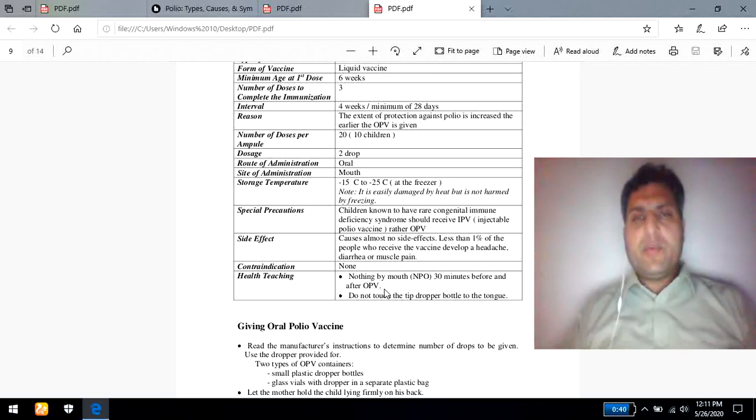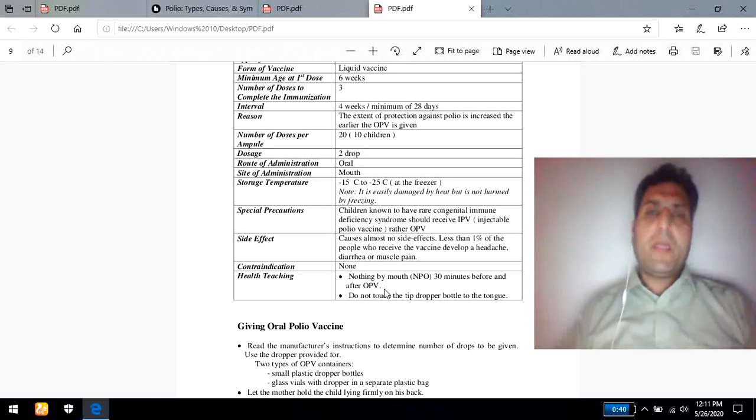Amongst these, PV1 is highly virulent, and this is most commonly responsible for paralysis, morbidity and mortality. So the main objective is to eradicate all these 3 serotypes from the universe and to free the globe from them.